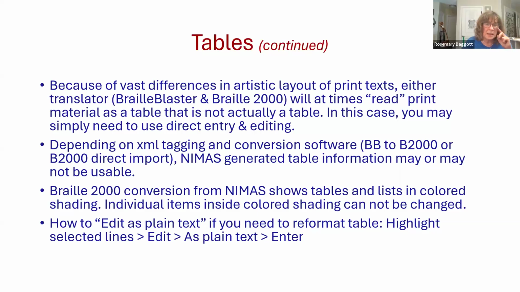Differences in artistic layout. Sometimes the translator, Braille Blaster or Braille 2000, will read print material as a table that's not actually a table. As I've talked about before, if you see the blue shading behind material in Braille 2000 and you want to do the editing yourself, I just highlight that and say edit as plain text. That's the only way really to edit using the transcription process I do.